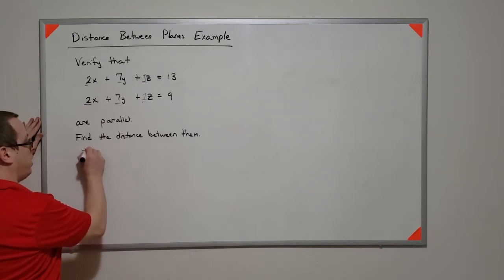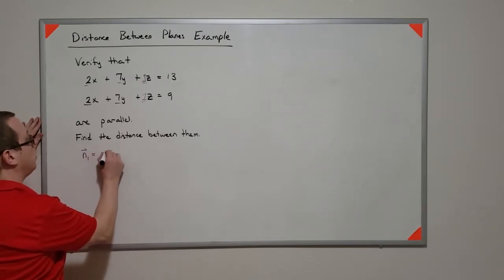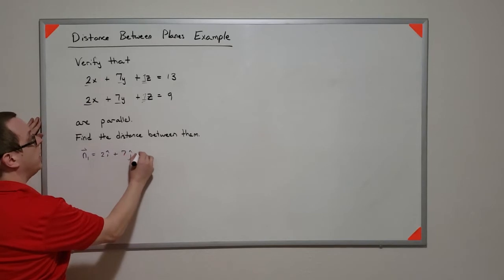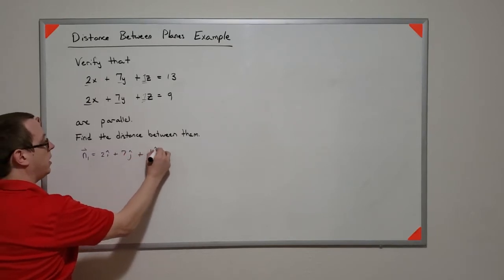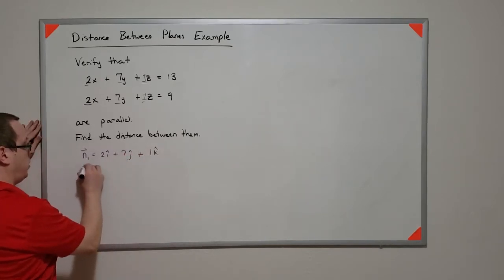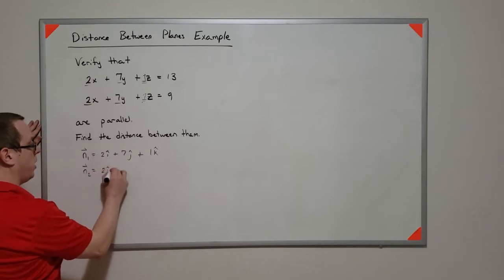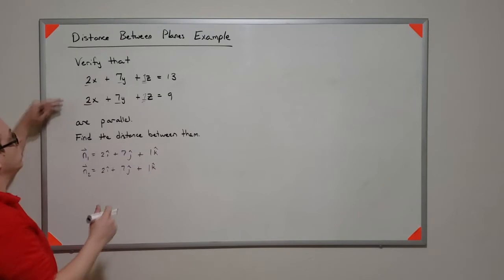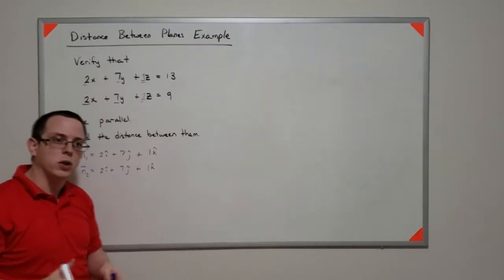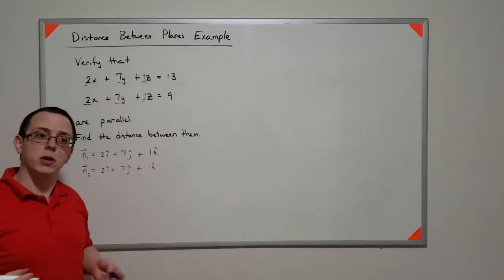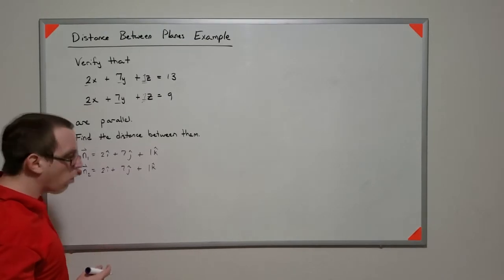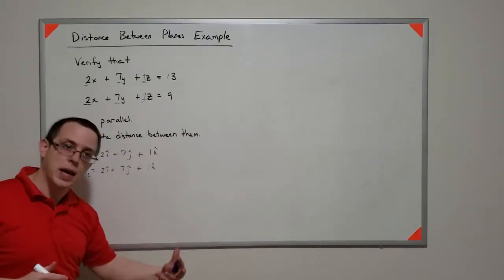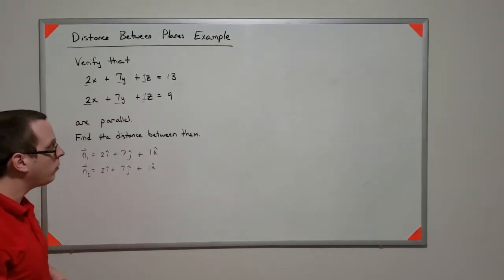So I could say n1 is 2i plus 7j plus 1k, and n2 is 2i plus 7j plus 1k. Well, since they both have the same normal vector, we know that they must be parallel. Or at least, since their normal vectors are parallel, the planes must be parallel.